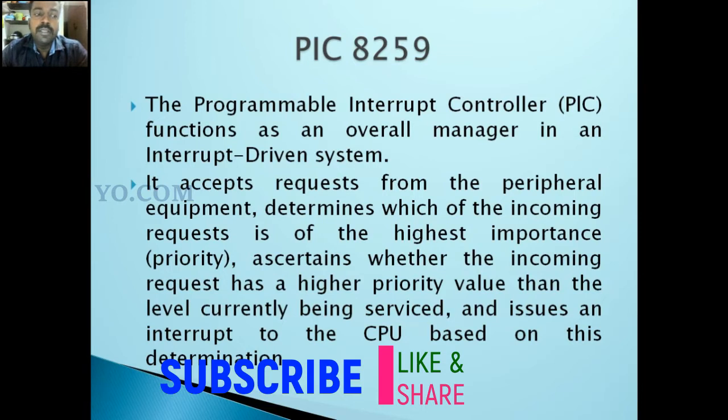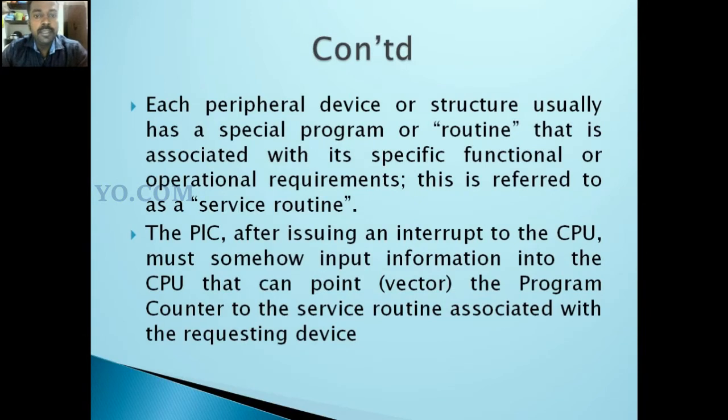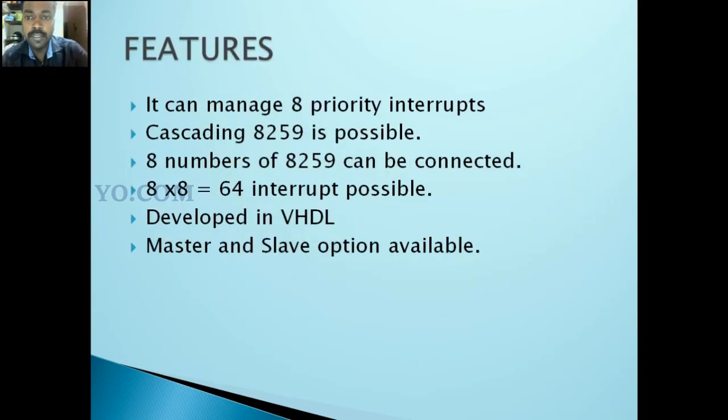Which interrupt is highest priority and which is lowest priority is determined by the 8259. The highest priority interrupt is serviced first, and the lowest priority interrupt is serviced after it. Then each peripheral device or structure usually has a special program or routine associated with its specific functional or operational requirement. This is referred to as a service routine.